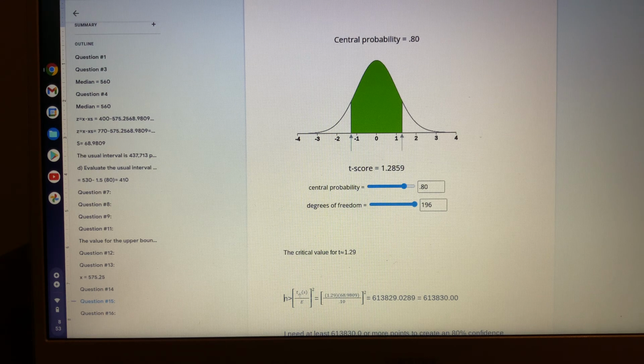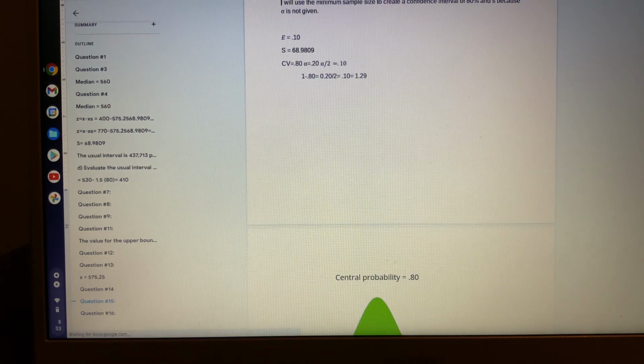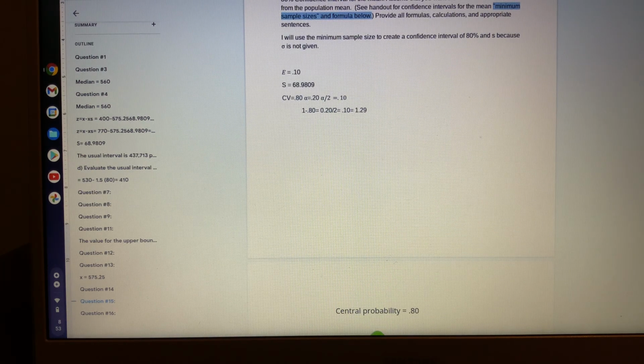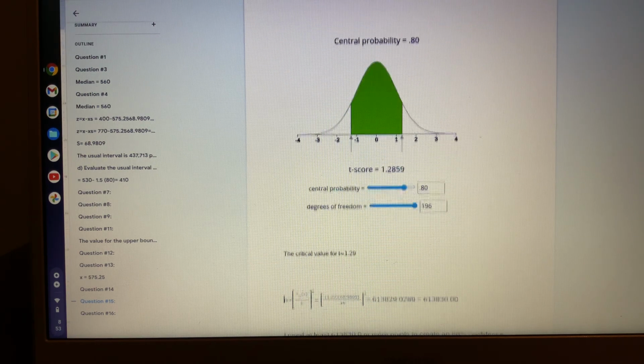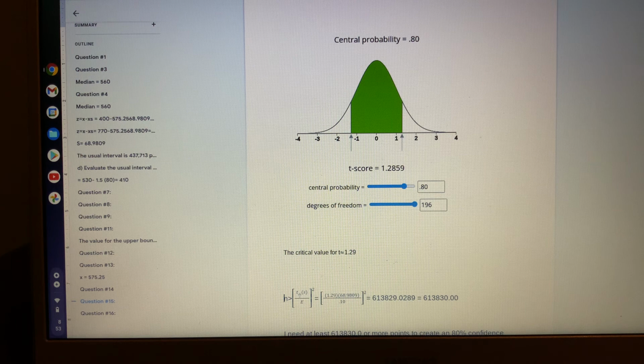And then using the proper formula, because I had already stated up here that I was going to use the minimum sample size, I inputted the information and I got 6,000.